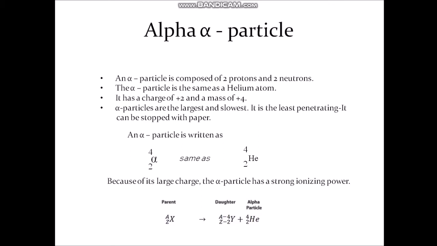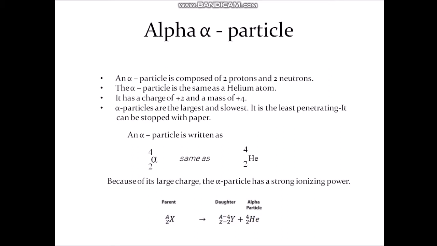Let's take an example. Suppose you have a parent atom, an unstable nucleus X, with atomic number Z and mass number A, and it undergoes alpha decay. Two protons are removed and 4 mass number, or 2 neutrons, are removed.